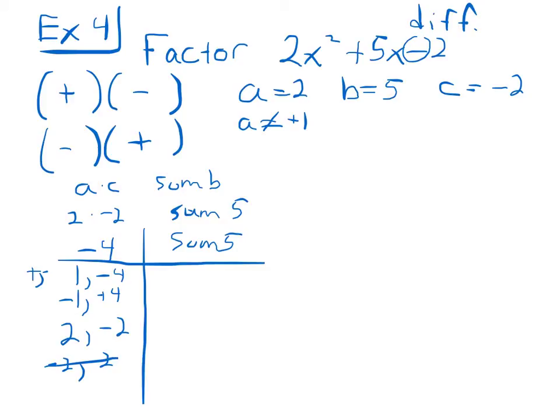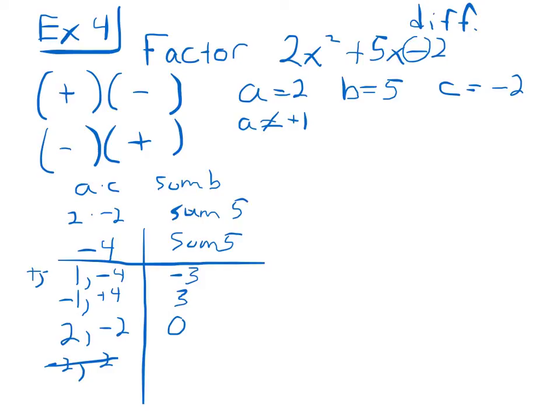Okay, so if I add these up, 1 and negative 4 is negative 3, negative 1 and positive 4 is positive 3, 2 and negative 2 are 0. Huh. Well, that's interesting. Nothing multiplies or adds up to be 5. So when I think about this, okay, let me give you a few other examples to think about, right?